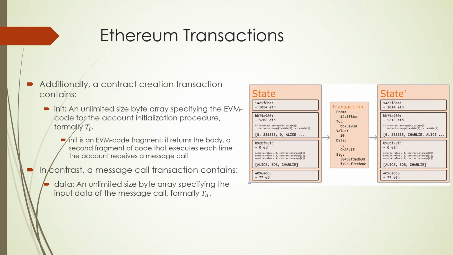For example, in a contract creation transaction, we have the field init, which is basically an unlimited size byte array specifying the EVM code responsible for the initialization procedure, which is represented using T sub I, and this initialization procedure results in and returns the body of another fragment of code that is executed every time the account receives a message call.